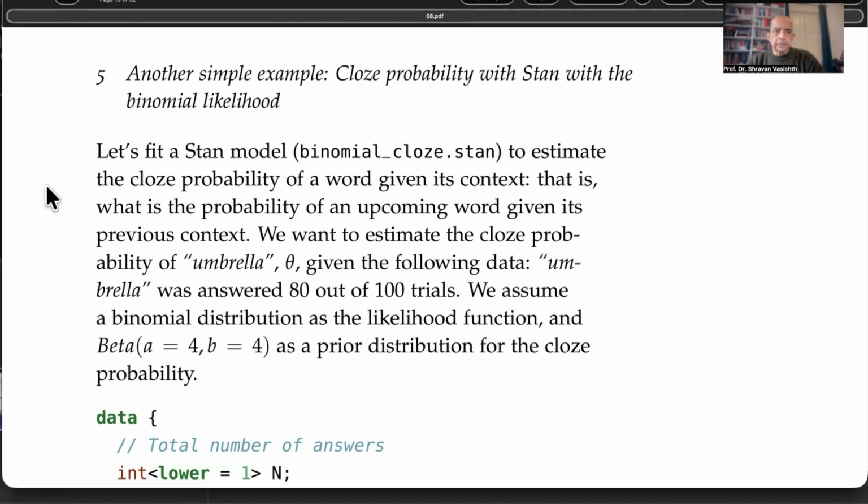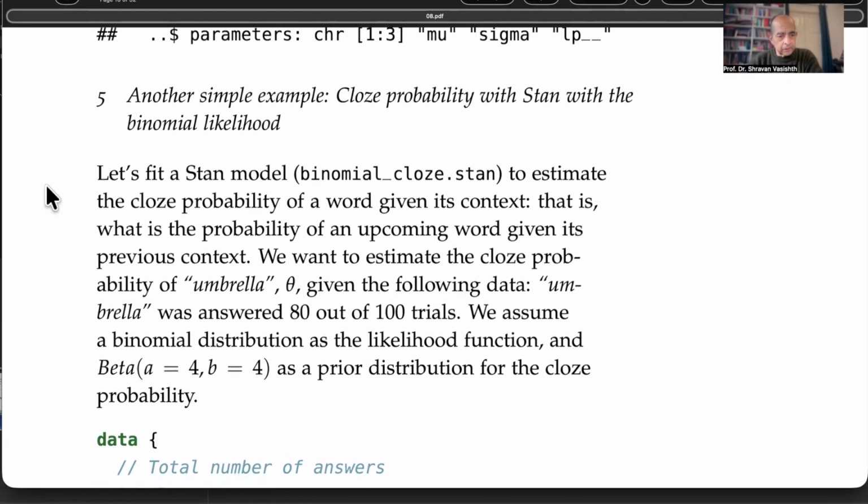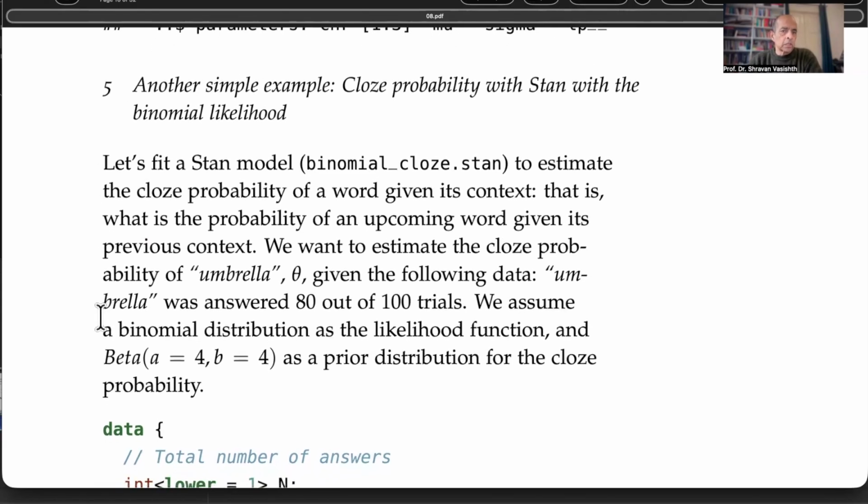The next example that I want to talk about is also a very simple one, but it gets us into the flow for fitting Stan models: a binomial example. Suppose we want to estimate the cloze probability of producing a particular word. The sentence that you might hear is, it's raining and I want to take my X with me.